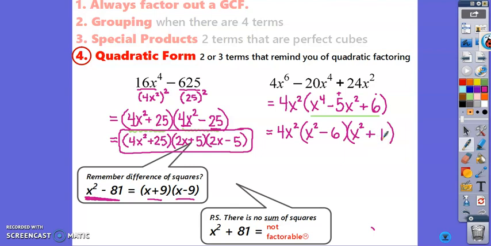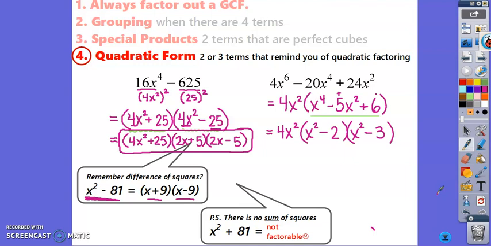Oh, no, because that would make negative 5, but if I multiplied them, it would make negative 6. That's not right. Is there anything that multiplies to make a positive 6 and adds to make a negative 5? How about if they were both negative and it was a 2 and a 3? Would that work? I think so. I think we got it.